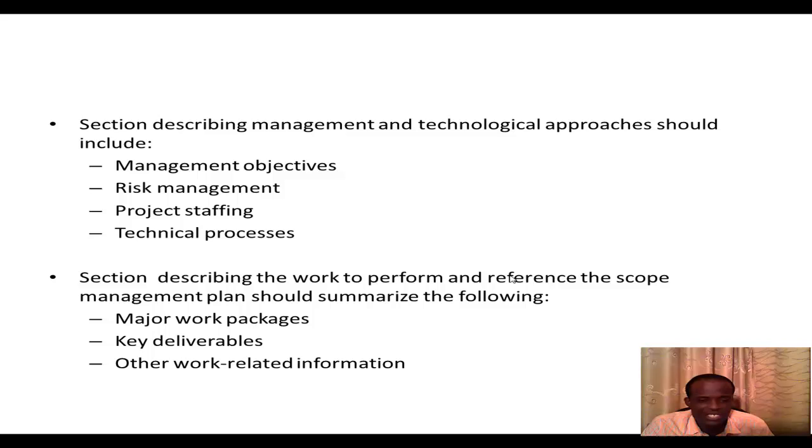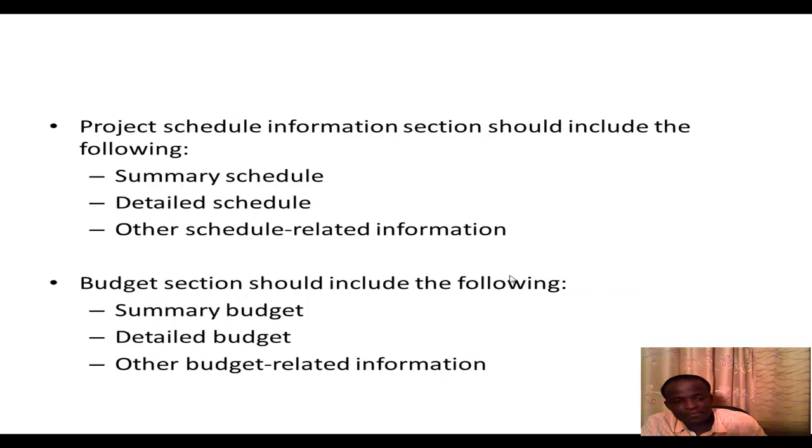Then there's a section that describes the work to perform, also referring to the scope management plan. It should summarize the following. It should talk about the major work packages, any key deliverables, and other work-related information. Now, the project schedule section should include the following: a summary schedule, detailed schedule, and other schedule-related information.